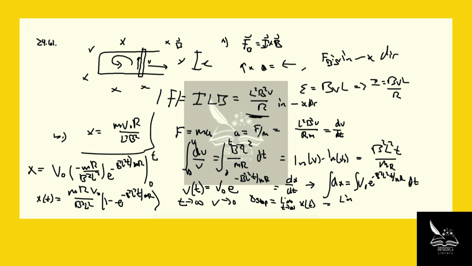So this is the limit as time goes to infinity of this. And if you see, the only place we have time is in this exponential, and it's a negative in the exponential. So as time goes to infinity, this term goes to 0, and we're left with m R V naught over L squared B squared, which is exactly what we were looking for in the beginning. Awesome, we made it there.